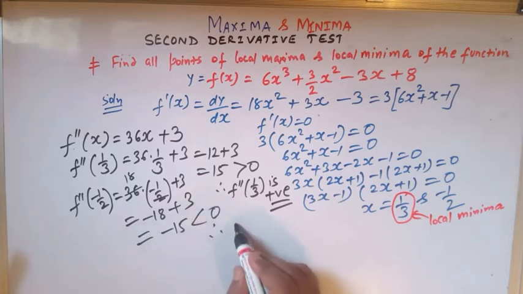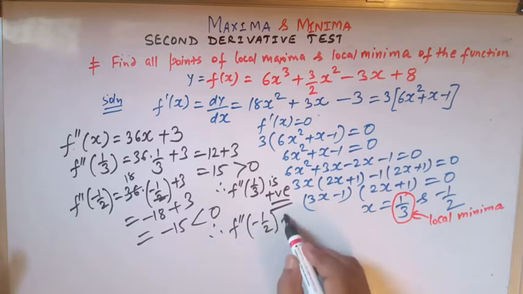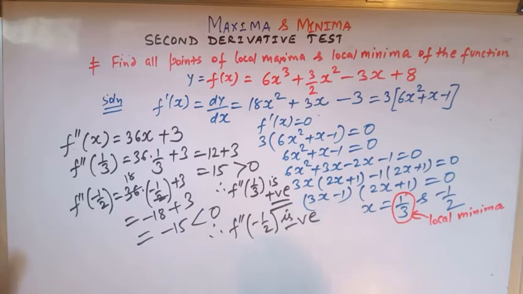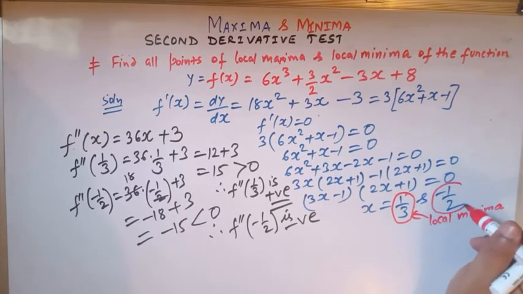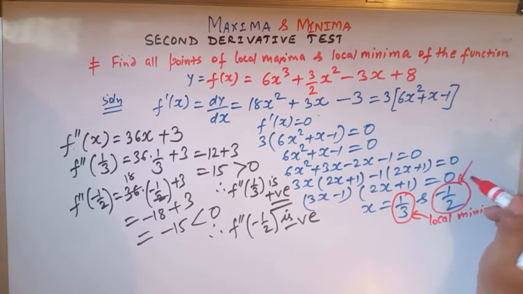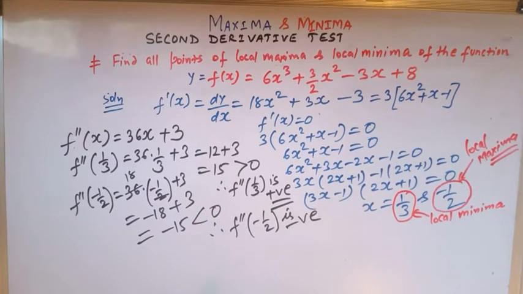So therefore f double prime of minus half is negative. So therefore by the second derivative test, this point is a point of local maxima. Clear? So this is how we find the points of local maxima and local minima.